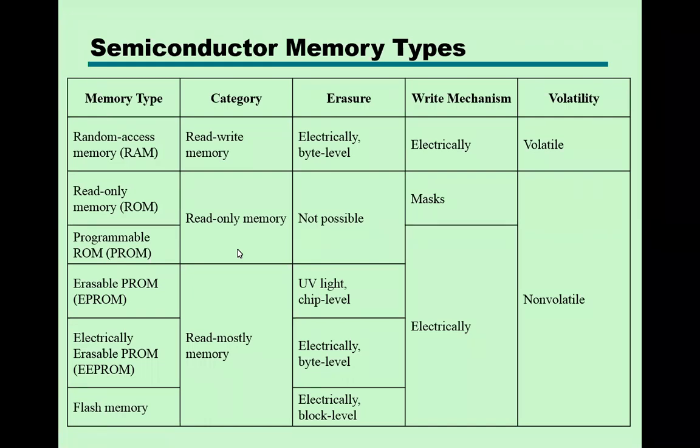Because when we were in the first year, that time we had this syllabus. I think the syllabus changed, so they removed this part. But in first year, we learned all these types of memory.